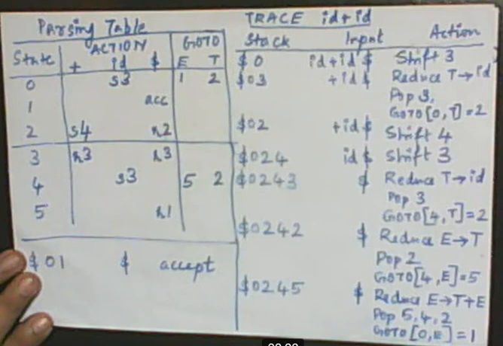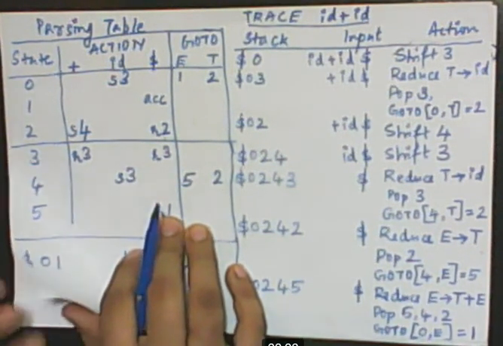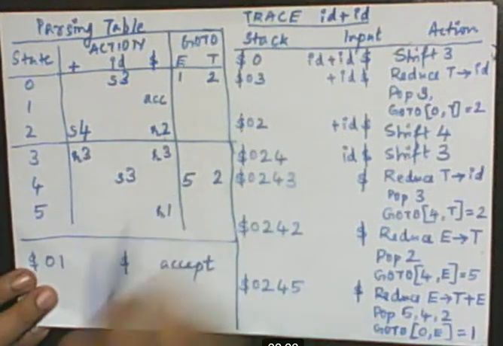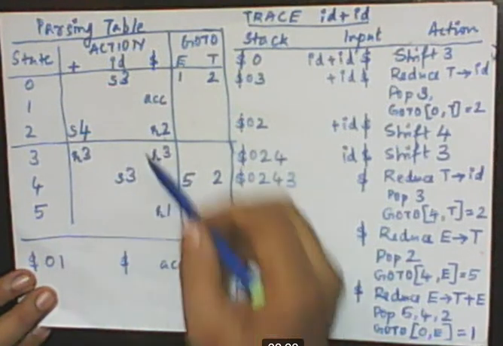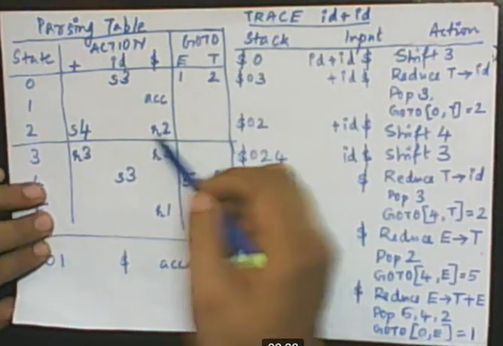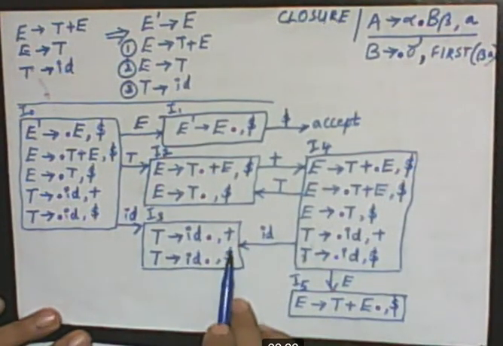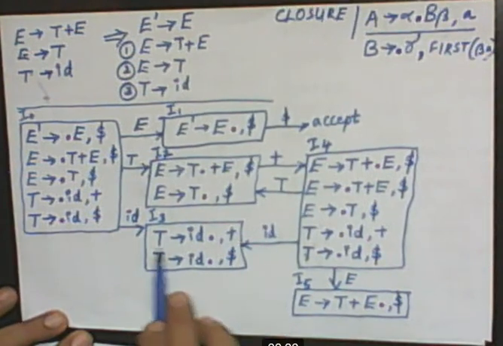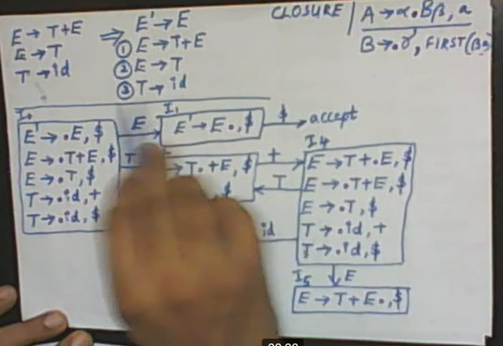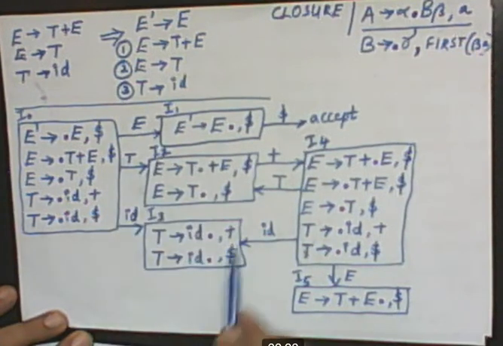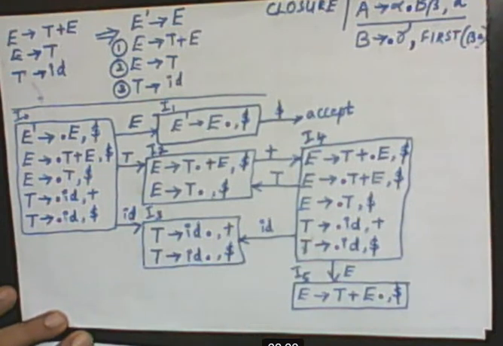The only difference with LR0 and SLR1 is that one thing is you have LR1 items, and the second thing is you are indicating this reduction operation only for those look aheads that you see here. So, for suppose for I3 you have plus and dollar, so you consider that particular production, and that will be indicated only against plus and dollar.